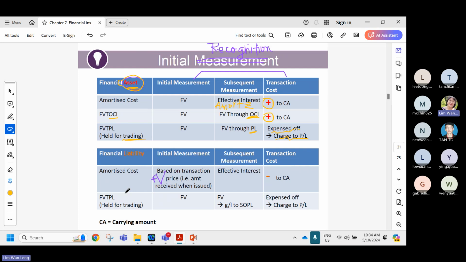And then you can look at the financial liabilities. At amortized cost, of course, initial measurement will still be the same. If you want, you can put also fair value through the OCI. Okay, also at fair value, any changes thereof will go to the OCI component.